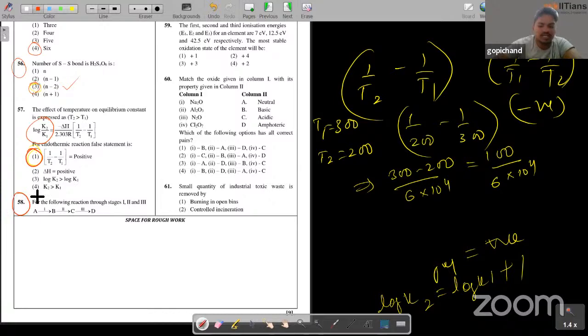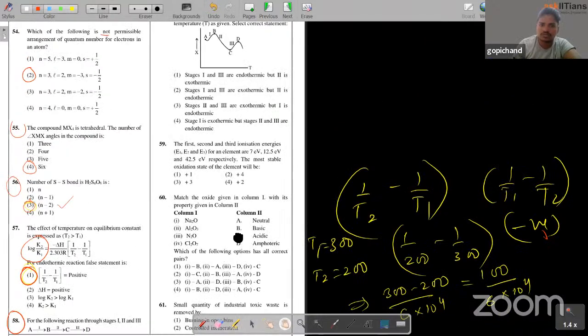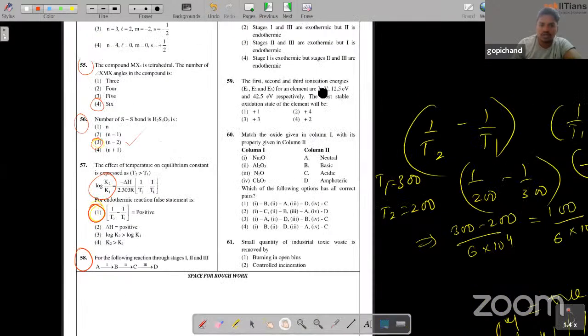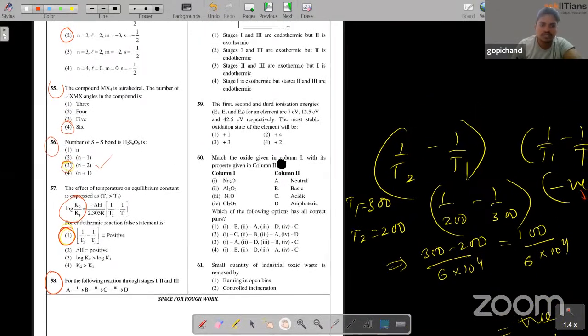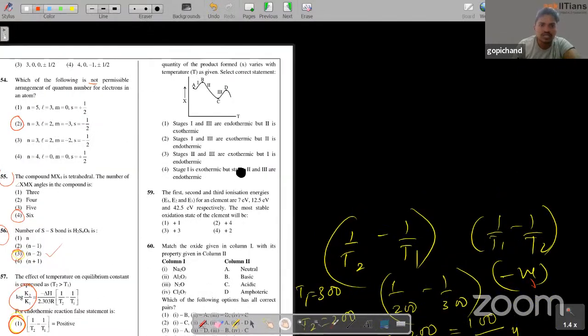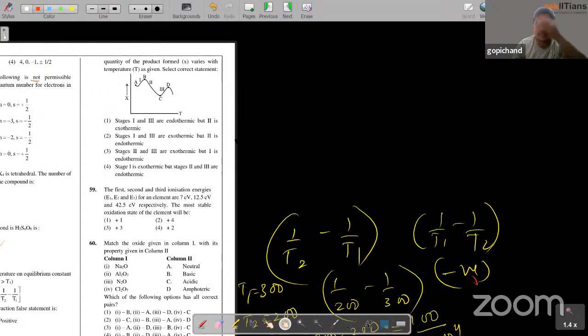Question 58, if you can see, for the following reactions through the stages 1, 2, and 3, A to B, B to C, and C to D, the quantity of the product formed varies with the temperature given.